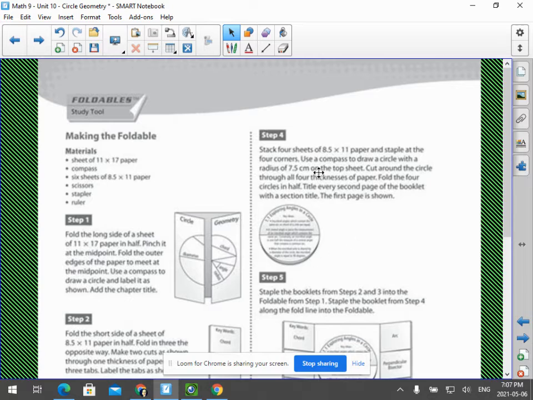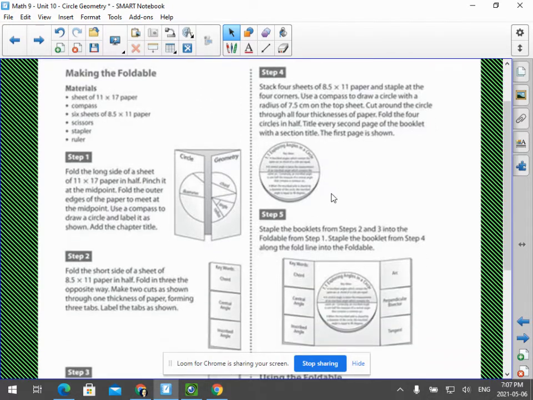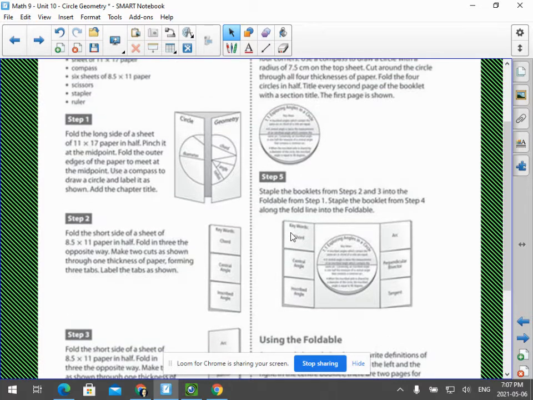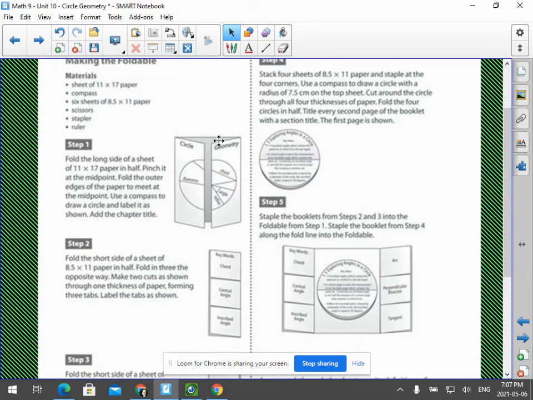So we have this beautiful foldable that you guys started making last class. You folded it together, you put your paper in, and you have all of these things set up. The only thing that we did not do last class was, on the front cover, add in the title that this unit is Circle Geometry.